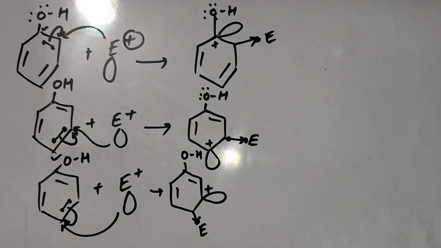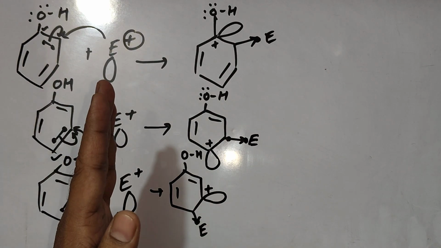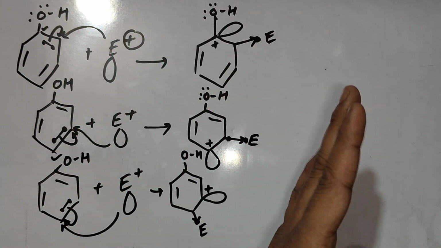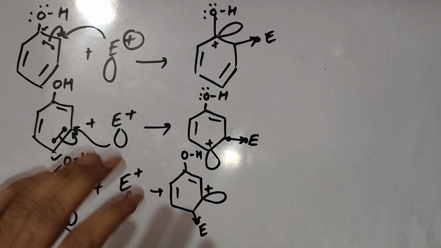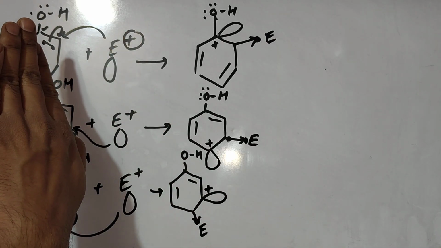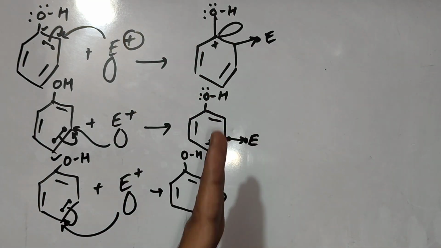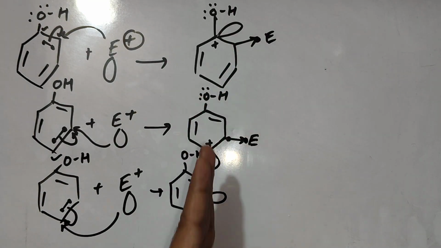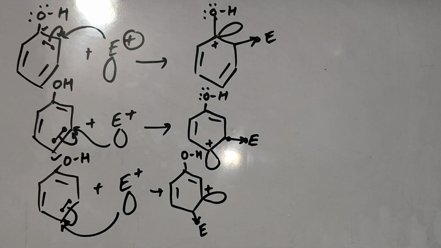This one. And we will find out after which attack the reaction is most beneficial. Benefit means, this is the reaction which is happening and this is the intermediate. We will check the stabilities of these intermediates.